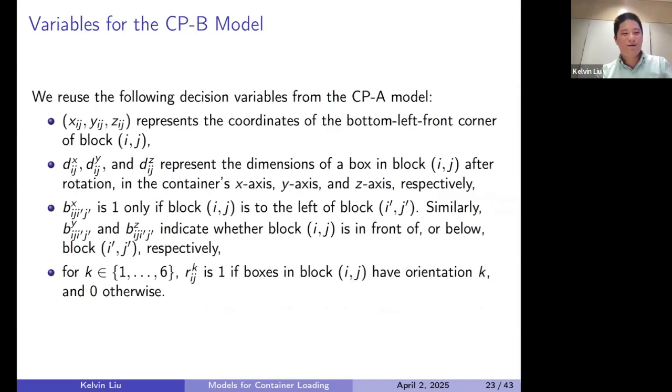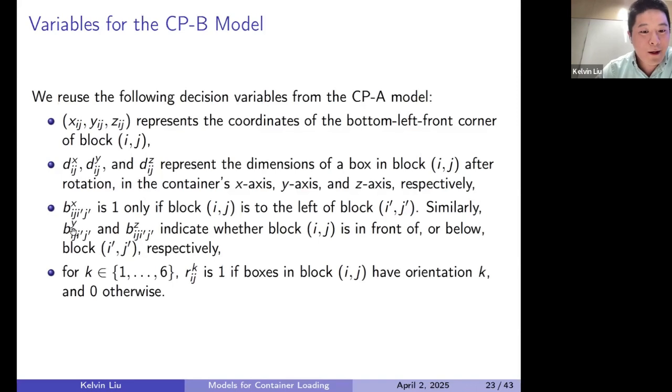All right, so I'll talk about variables, objective and constraints again. Just briefly, X, Y, Z do the same thing as before. This time they give the coordinates of the block's bottom left front corner. Dx, dy, dz are the dimensions of a box in the block. Since all boxes in the block have the same orientation and the same type, same dimensions, it can be any of them.